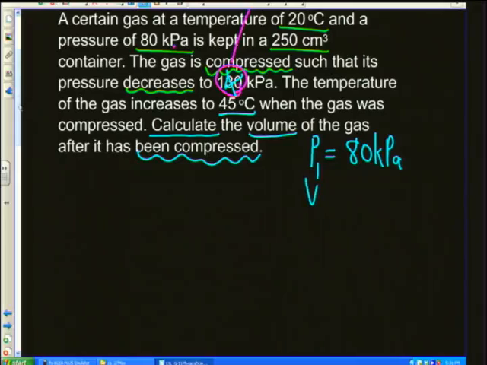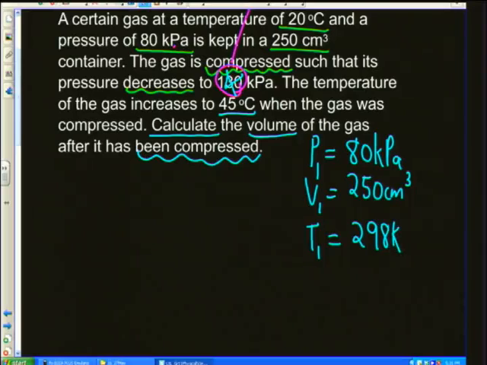Volume 1 is 250 cubic centimeters. Temperature 1 is 298 Kelvin, which is 20 plus 273.